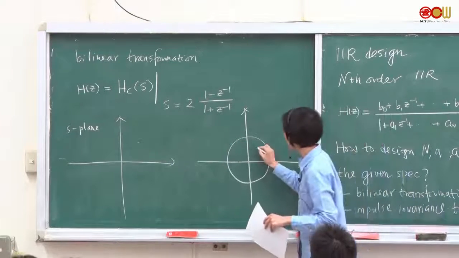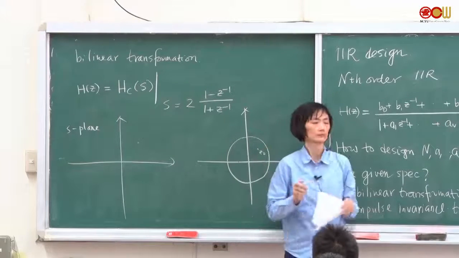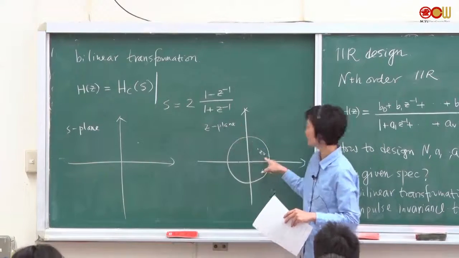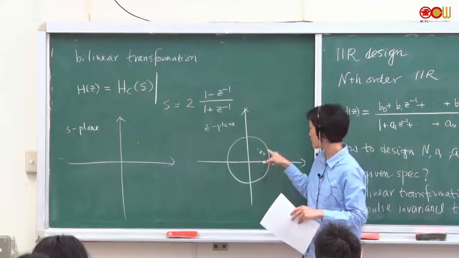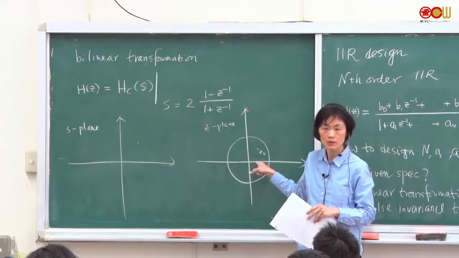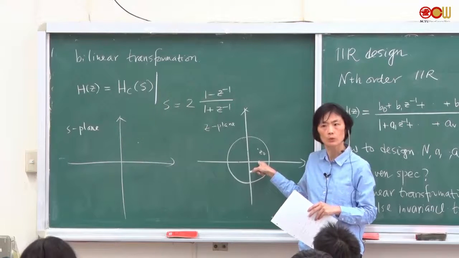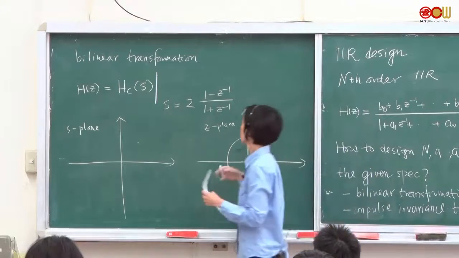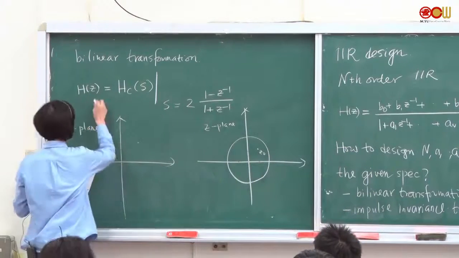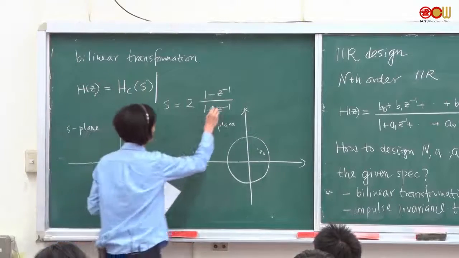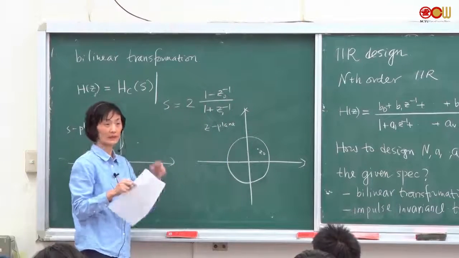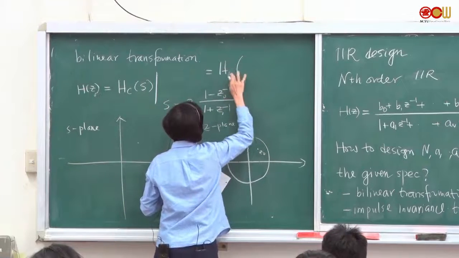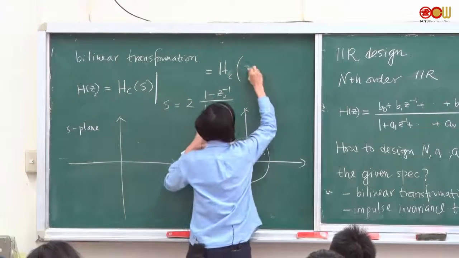If we have a certain z0 here on the z-plane, the value of H(z) at z0 will correspond to H_c(s), where s is this expression with z0 plugged in.